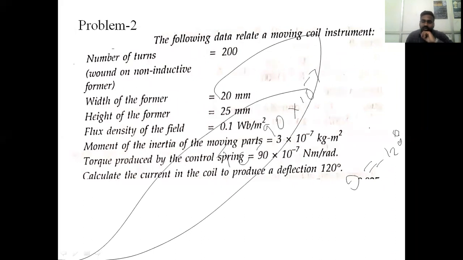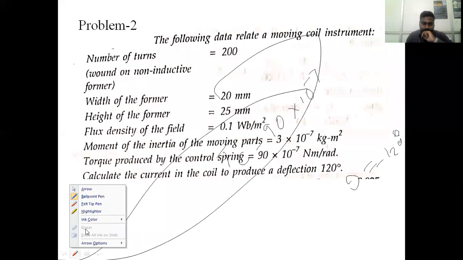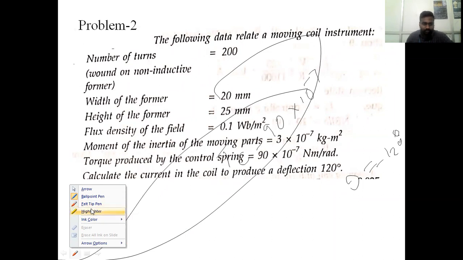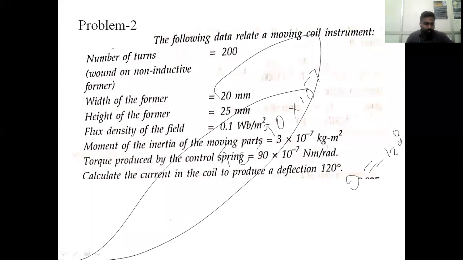So from this, how can we solve the problem? We have to go through the given data. What is the given data in the question?